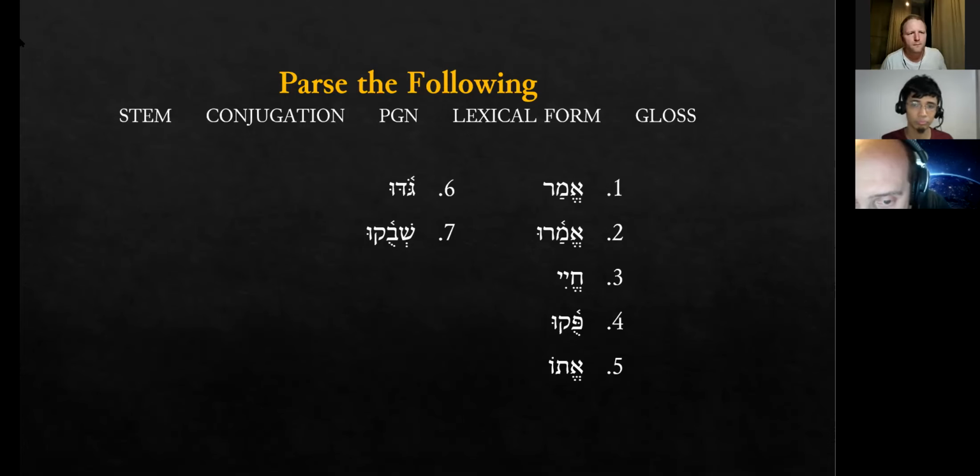Where did I have a copy of the Aramaic for Psalms? Where is it in Matthew? Here we go. Matthew 26.